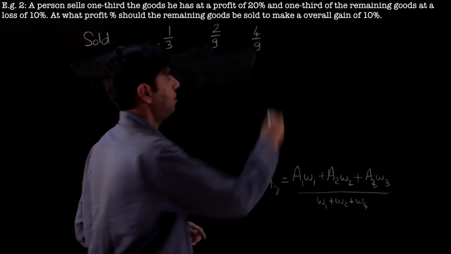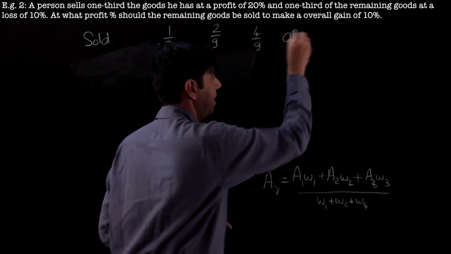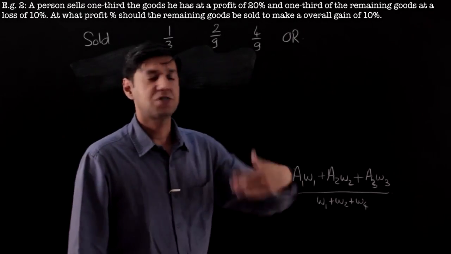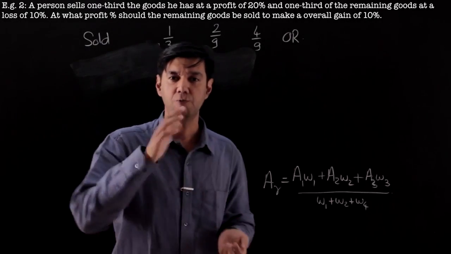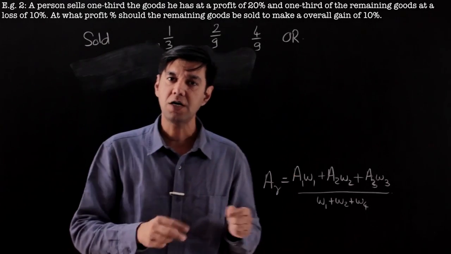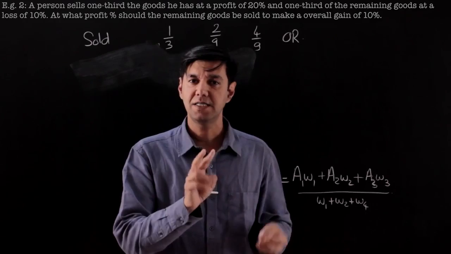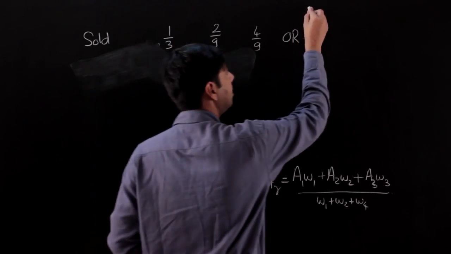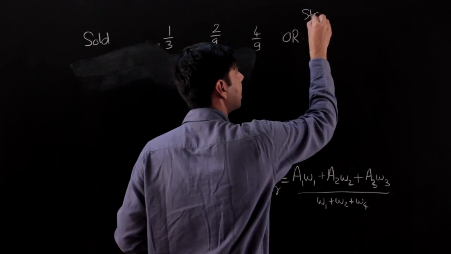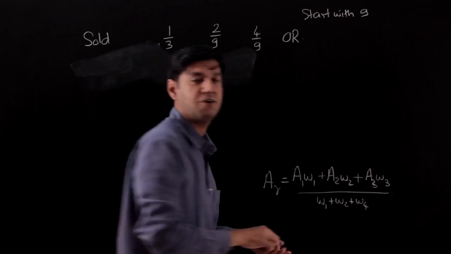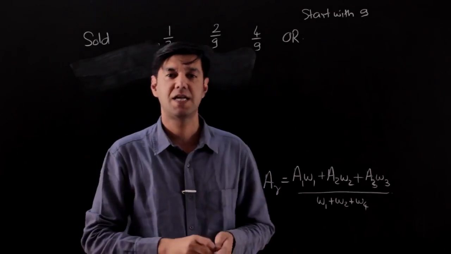Another, better way to think about it is to have foresight that in the second part I'll be doing 1/3 of 2/3. So in the second lot, there are two denominators of 3 each. So I could have started with 9. So let's say I start with 9, he has goods worth 9.